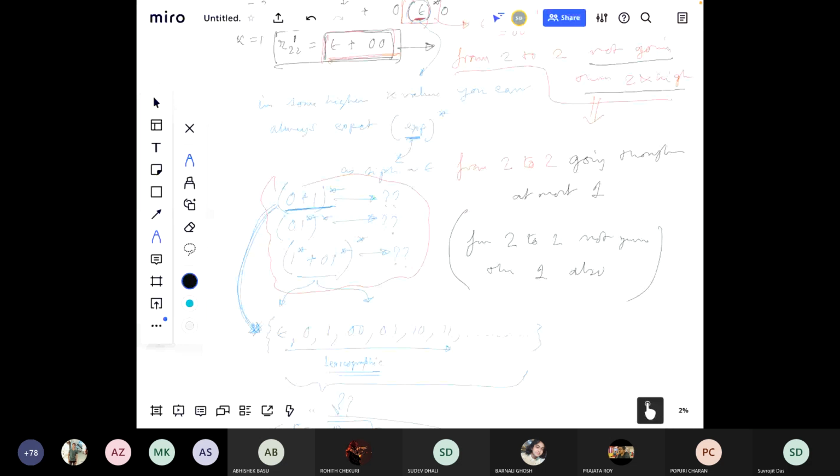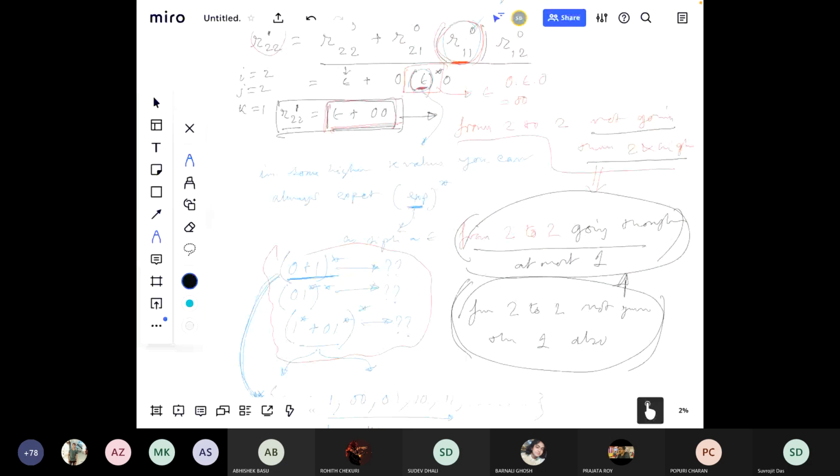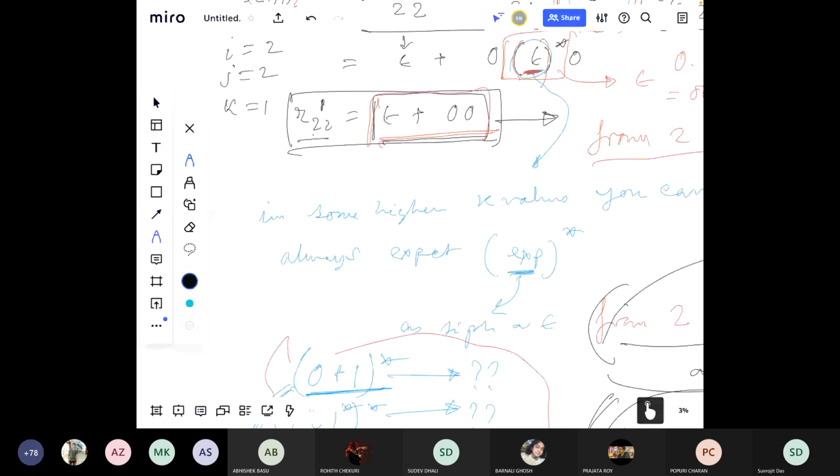Now this includes this. You have recursively built this on this. So I need to go from 2 to 2. I am allowed to go through 1, but that should include that I am not going through 1 also, right?